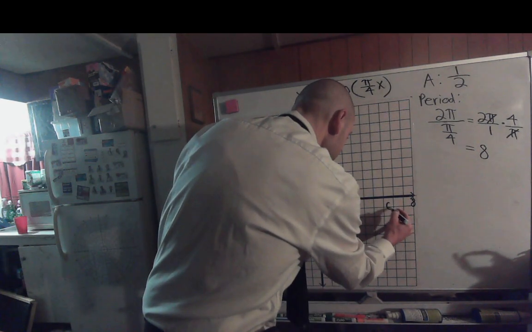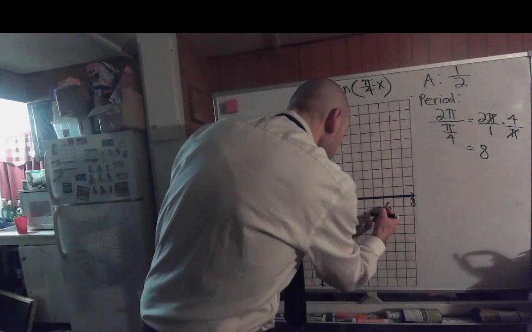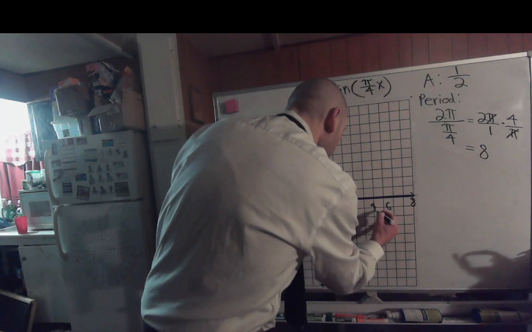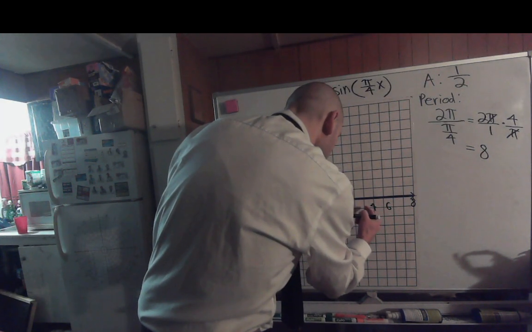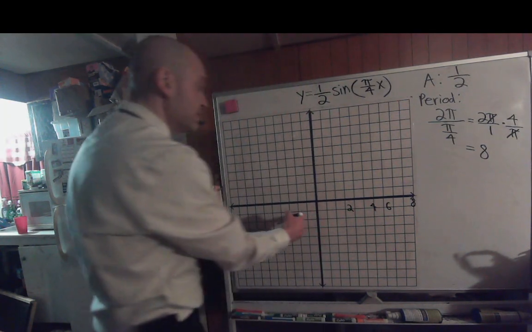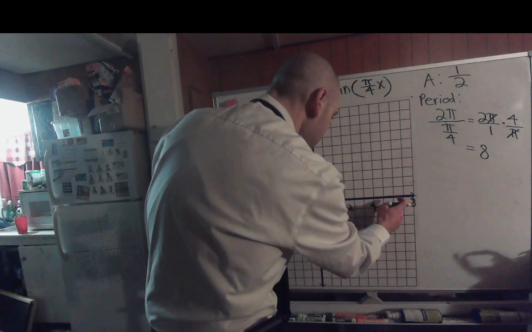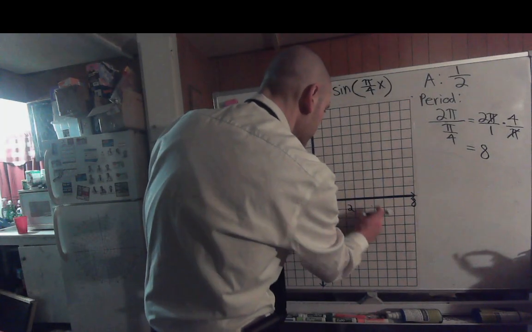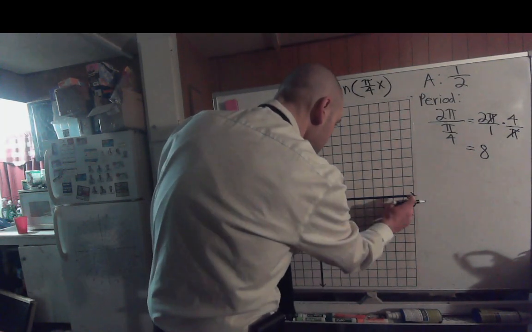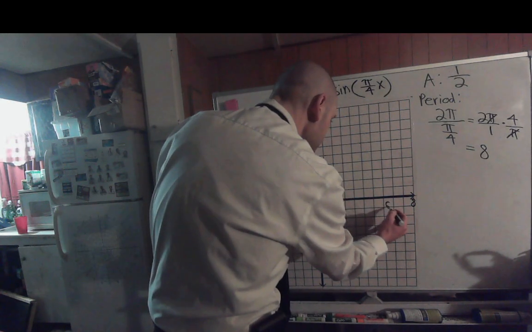Here's going to be 6. Here's going to be 4. There's going to be 2, and then there's 0. I'm off a little bit. Hold on. 8. Here's 6.